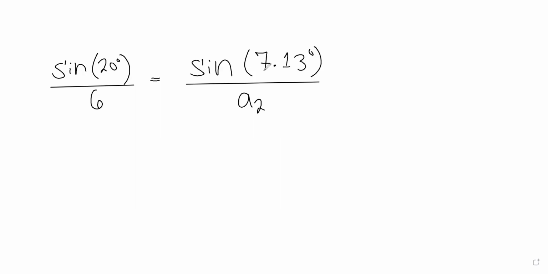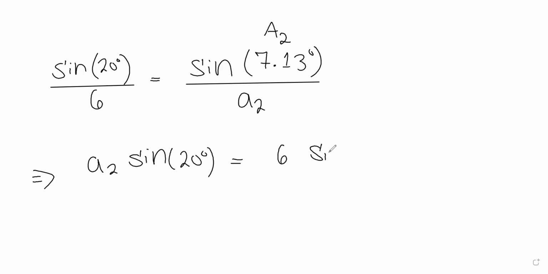Remember, lengths are lowercase, angles are capitalized. I cross multiply, I get a2 sine of 20 degrees times 6 sine 7.13. I'm going to divide both sides by sine of 20.